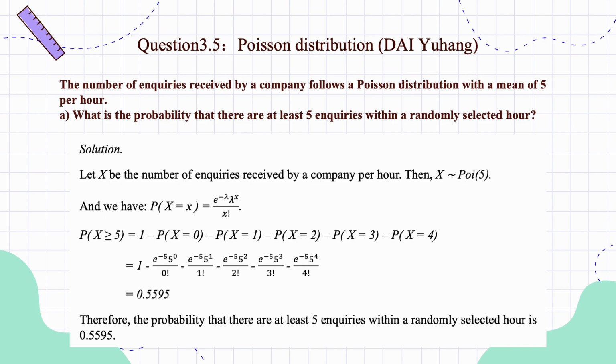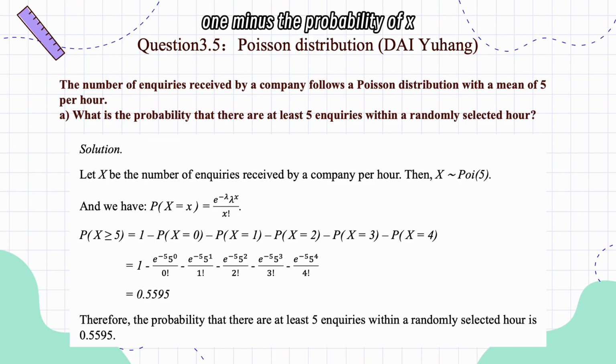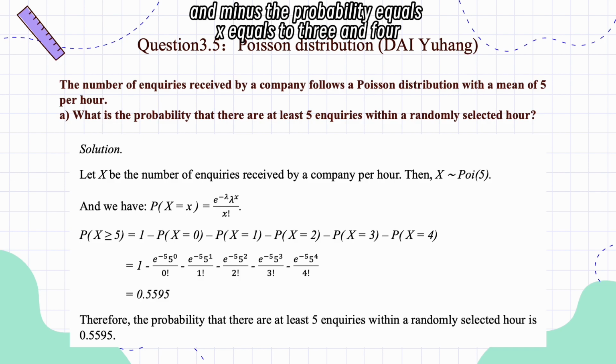And we have the probability of x greater or equal to 5 is equal to 1 minus the probability of x is 0, minus the probability of x equals 1, minus the probability of x equals 2, minus the probability of x equals 3 and 4.